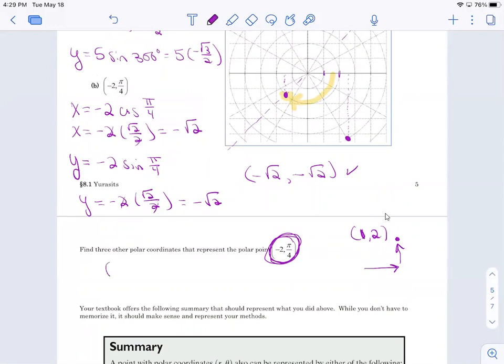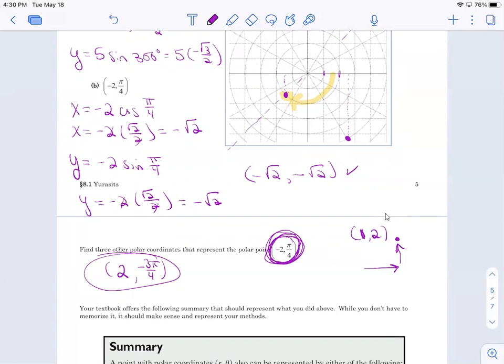That negative angle is -3π/4. But because that angle put me right there, I'm going to keep my radius +2. Because if I made it negative, then that would have forced me into this quadrant, and that's not what we want. We want the same location, just a different way to represent it. So these are different, but they're going to give us the same exact location.